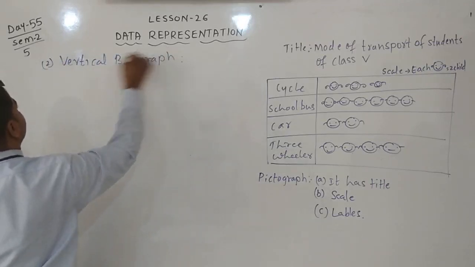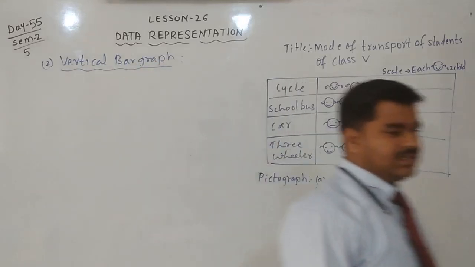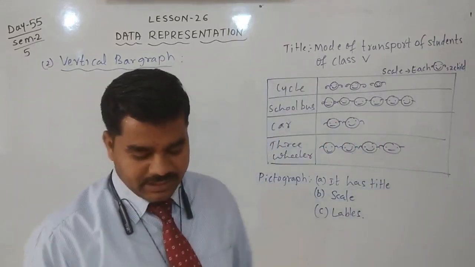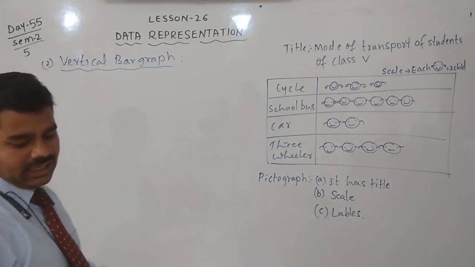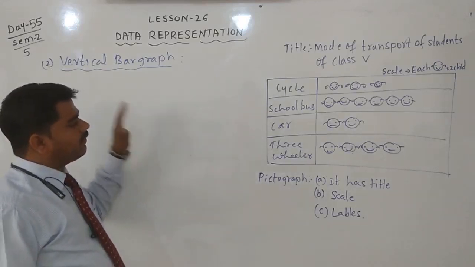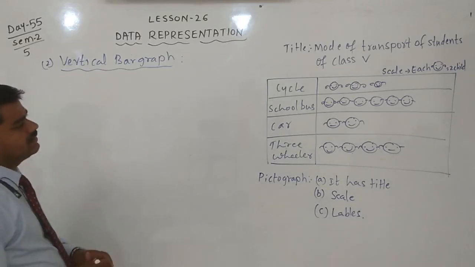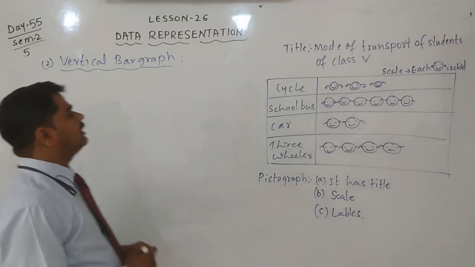This is also the same. It has a title, then scale, labels. Vertically what it has and horizontally what it has. Here a horizontal axis with the labels, vertical axis with the data. This is the data given, and the labels are like this.